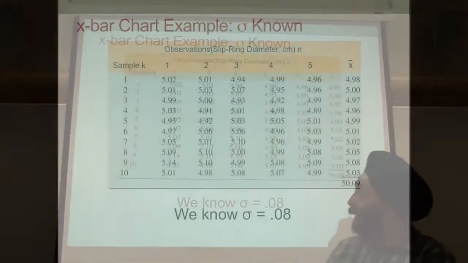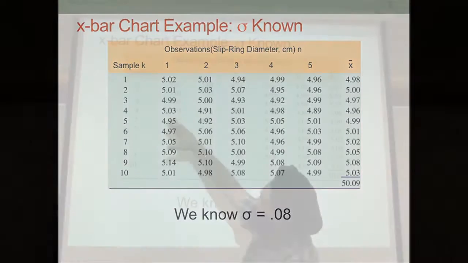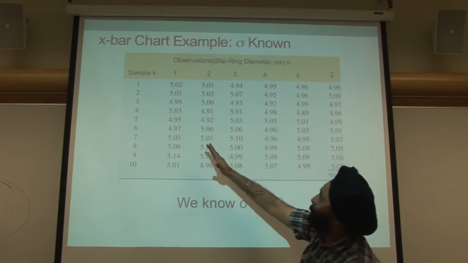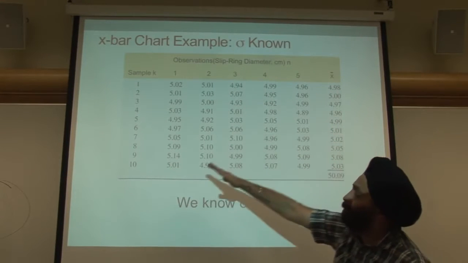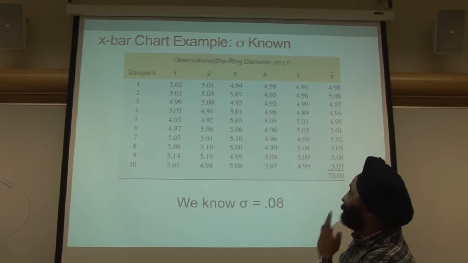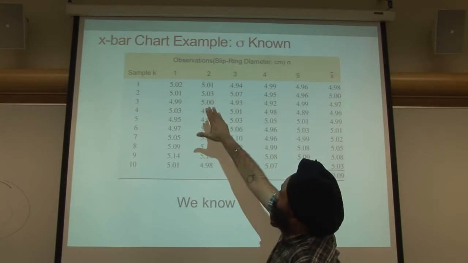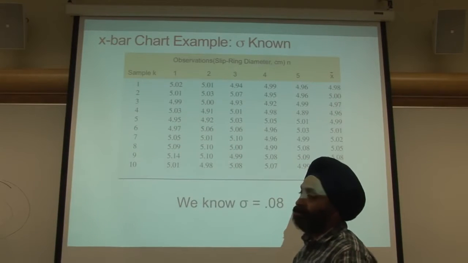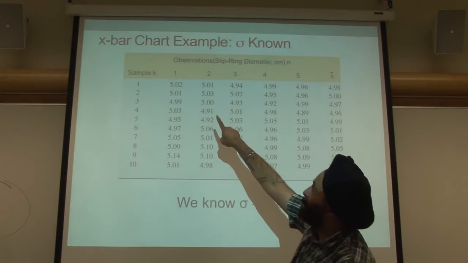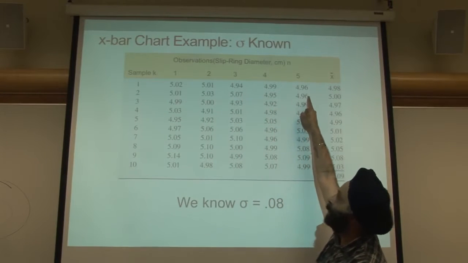Here's an example, very quickly, just for illustration purposes. You have 10 different samples, and in each sample you're collecting 5 data points. It could be the diameter of a slip ring, in centimeters. The first 5 slip rings collected in the first sample had diameters of 5.02, 5.01, 4.94, 4.99, 4.96.